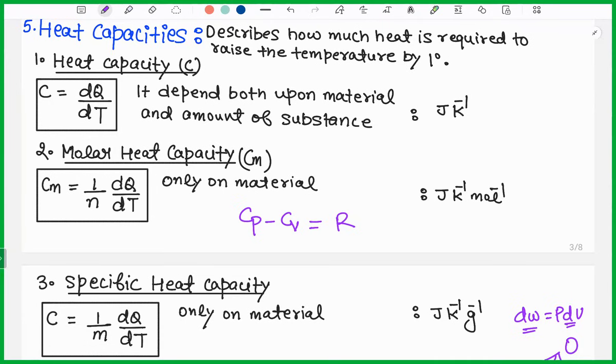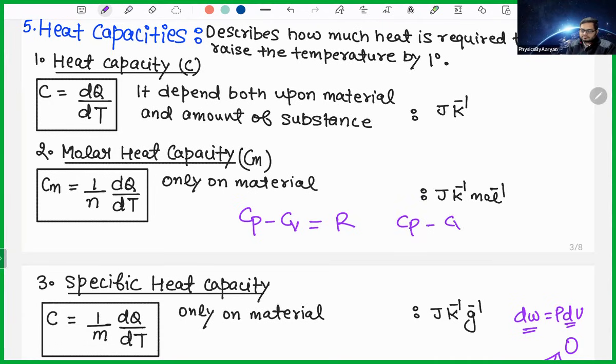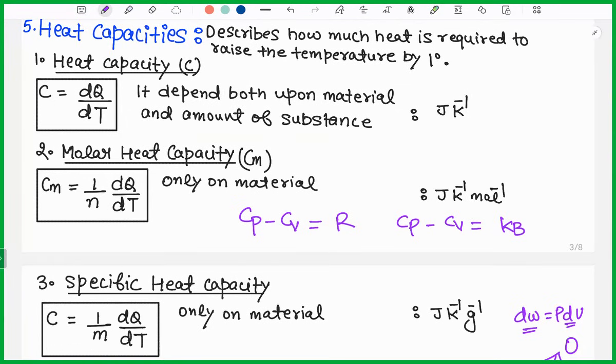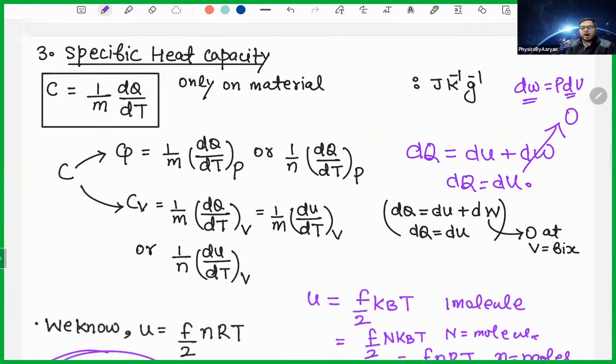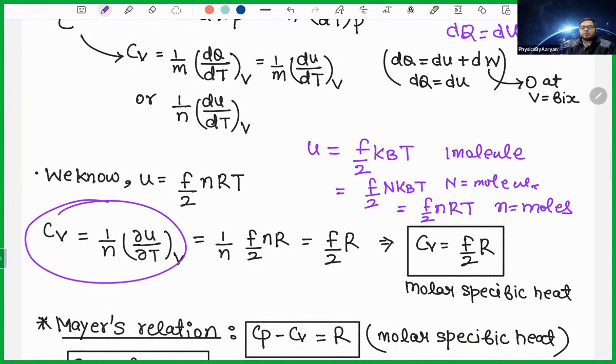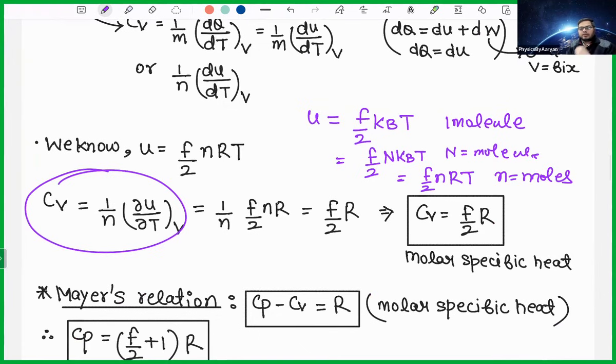Molar heat capacity. So you got an idea that whenever you are writing relations in terms of R, most probably you are defining molar specific heat.